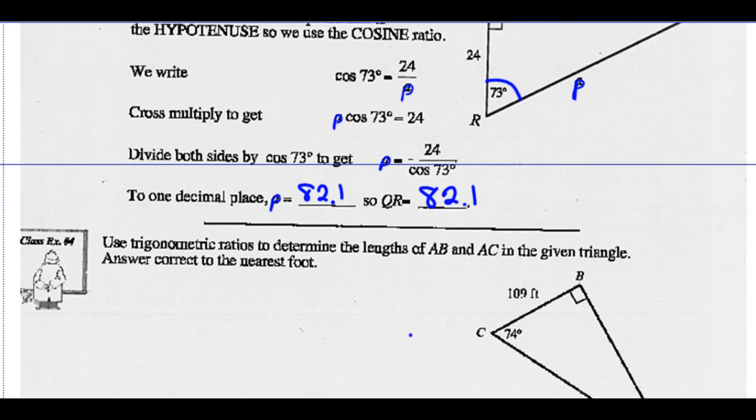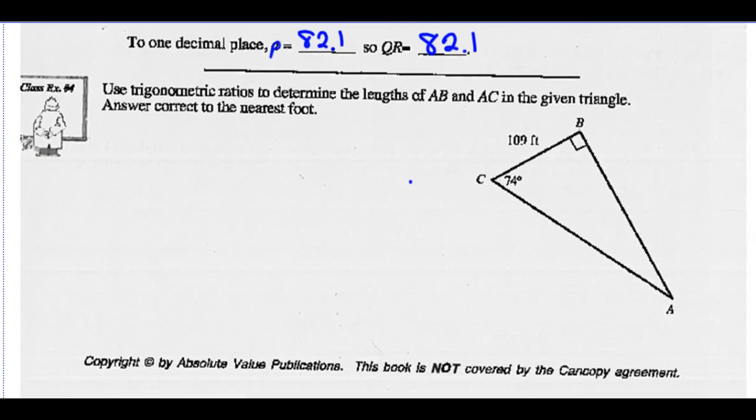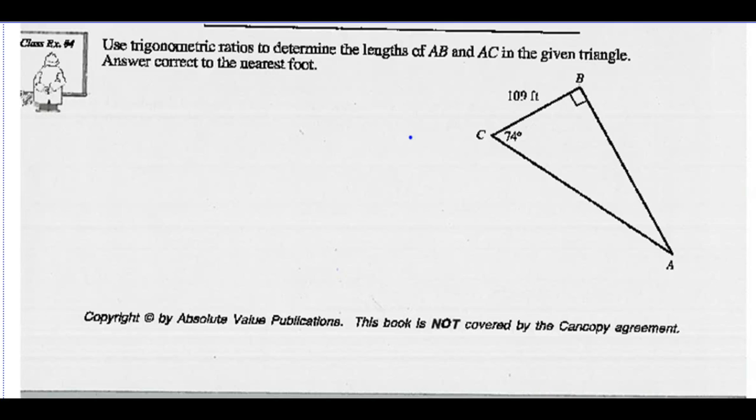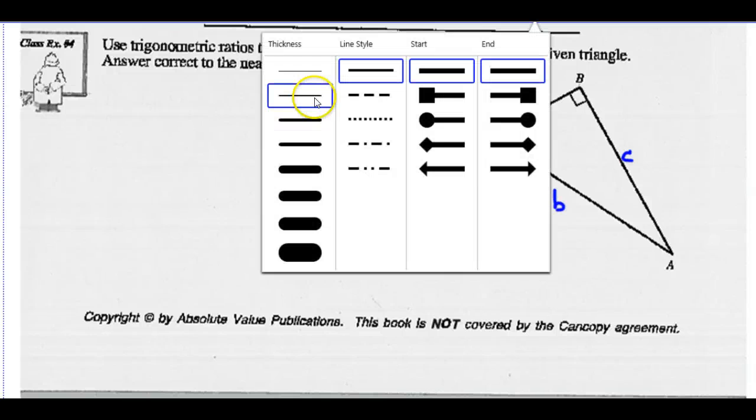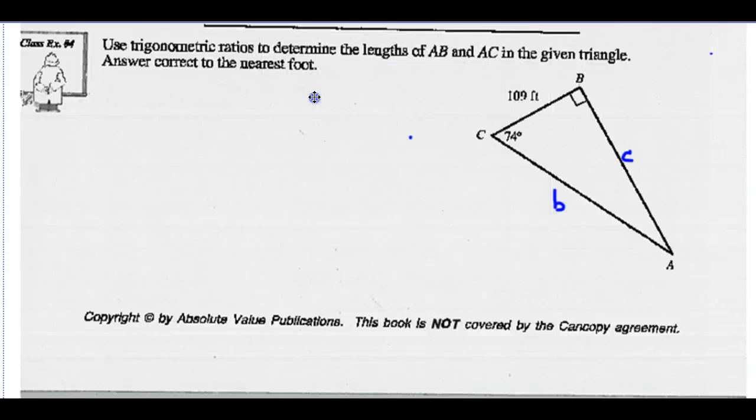So let's use some trig ratios to determine the lengths of AB and AC in the given triangle. So AB is a little c and AC is a little b. So let's use that notation to figure out those lengths. It makes life a little easier. Notice we've got a reference angle of 74 degrees, and we're given the side adjacent to 74. That's 109 feet.